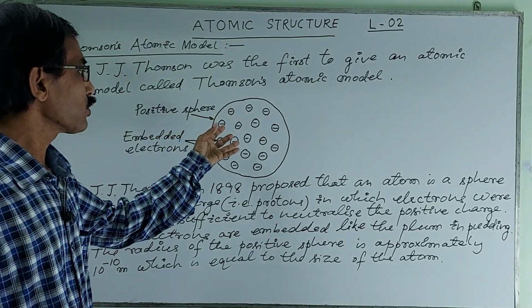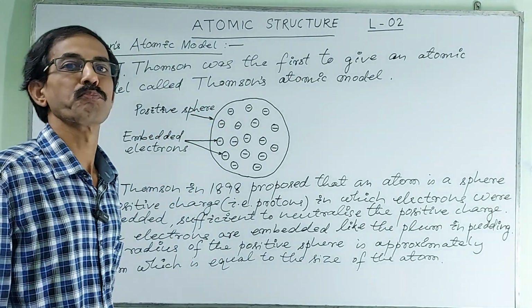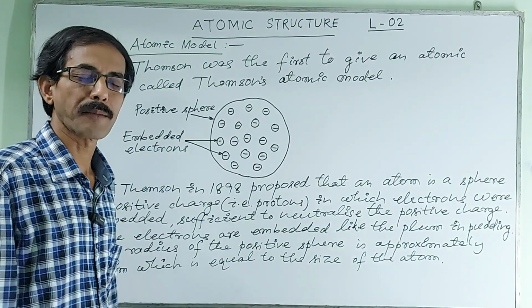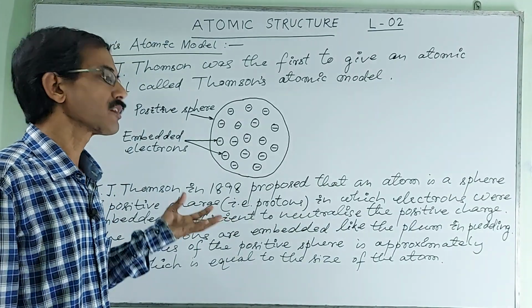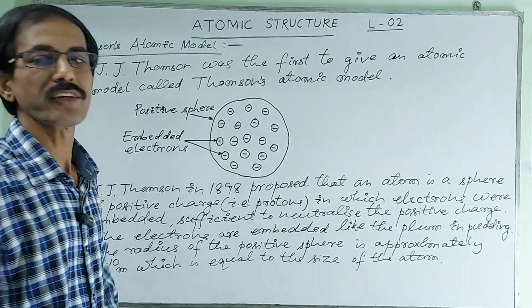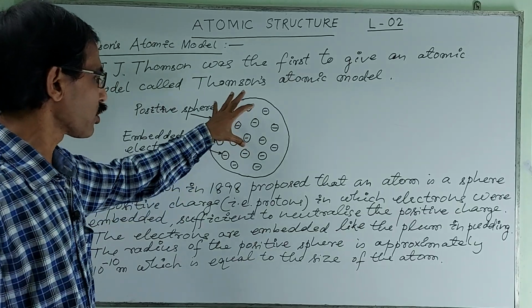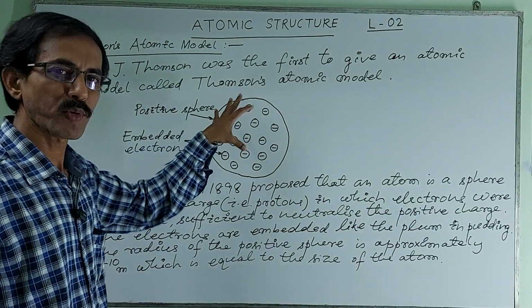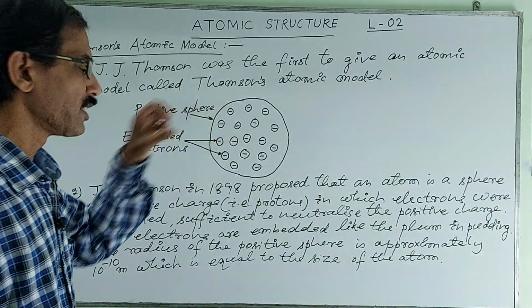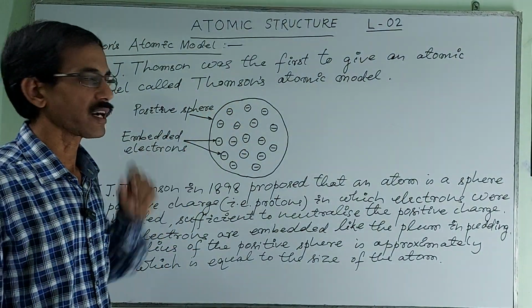So the electrons are embedded like the plum in pudding. What do you mean by embedded? Embedded means the electrons are enclosed like the plum in pudding. The radius of this positive sphere is approximately 10 to the power of minus 10 meter, which is equal to the size of the atom.